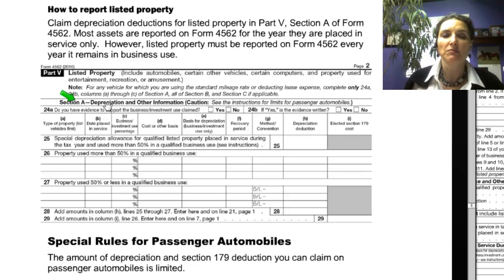That is, the type of property being used, the date placed in service, the cost or other basis, the method. Those items are shown in Part 3 only for the year an asset is placed in service. But if the asset is listed property, then listed property has to have this information shown every single year it is in use for business purposes.